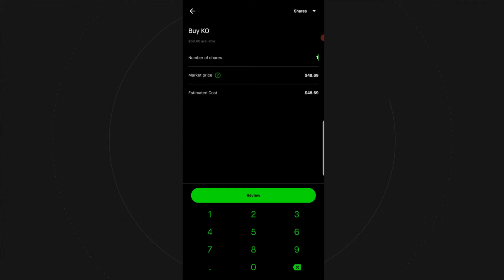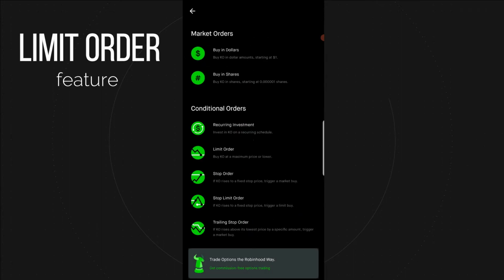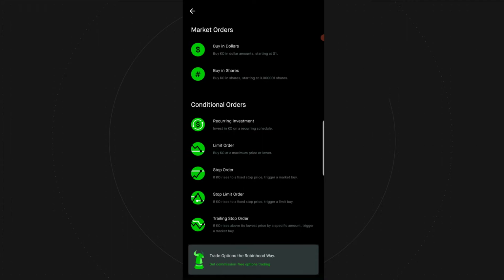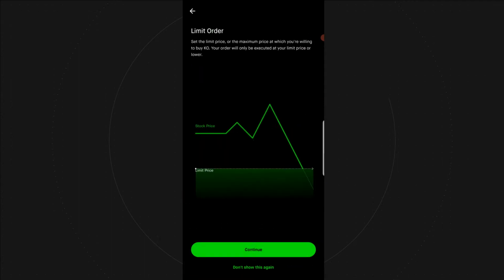And if I wanted to, not going to go too much into this, but you could also use what's called a limit order when you buy. You would simply click up here in the shares and scroll down to conditional orders, because a limit order is a conditional order. Basically you would click on this, and it's going to give me a little overview.